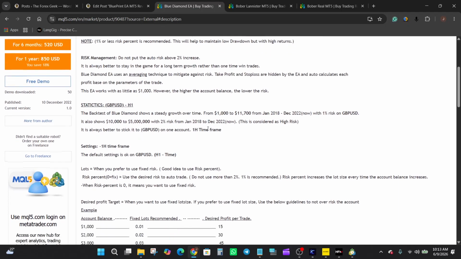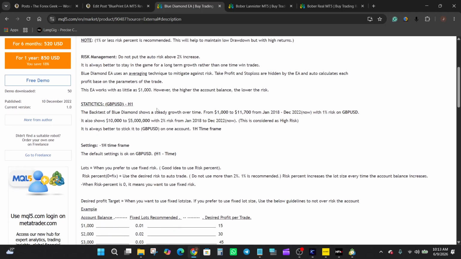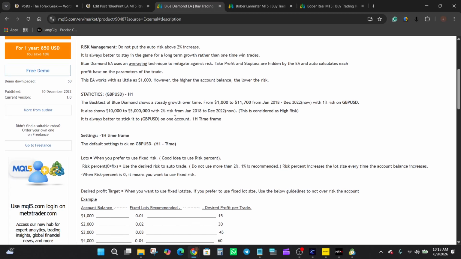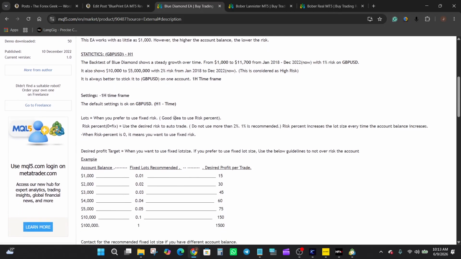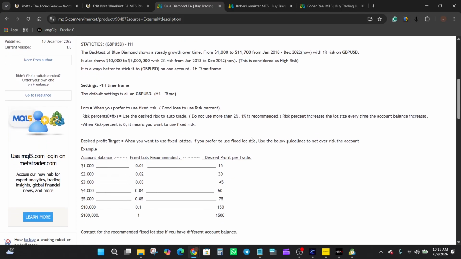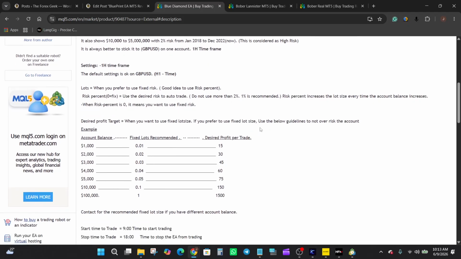Looking through the settings section, traders can choose between fixed lot sizing and percentage-based risk management. When using risk percentage settings, lot size increases automatically as account equity grows. Alternatively, users can choose fixed lot sizes and define a desired profit target based on their account size and personal risk preferences.